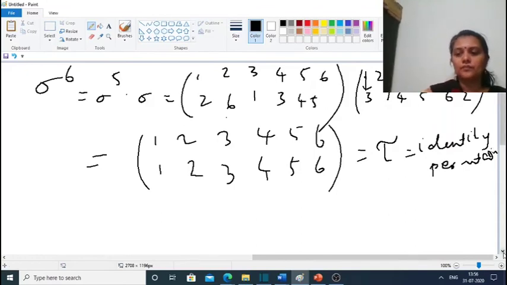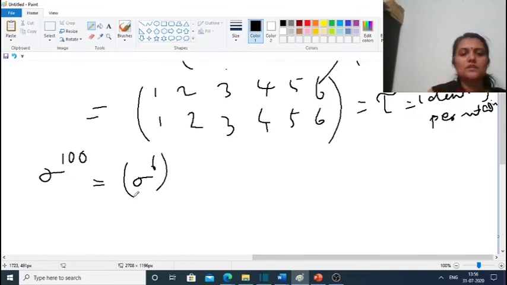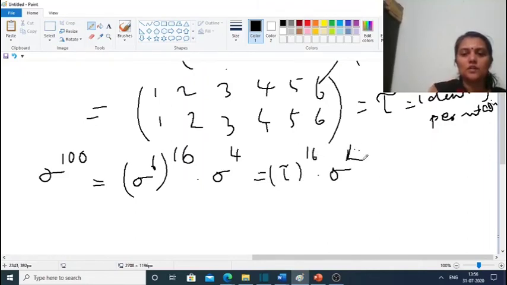So we have to find sigma raised to 100, which is equal to sigma raised to 6 raised to 16 into sigma raised to 4, since 16 into 6 is 96. Sigma raised to 6 is the identity tau, so tau raised to 16 into sigma raised to 4 is equal to sigma raised to 4.